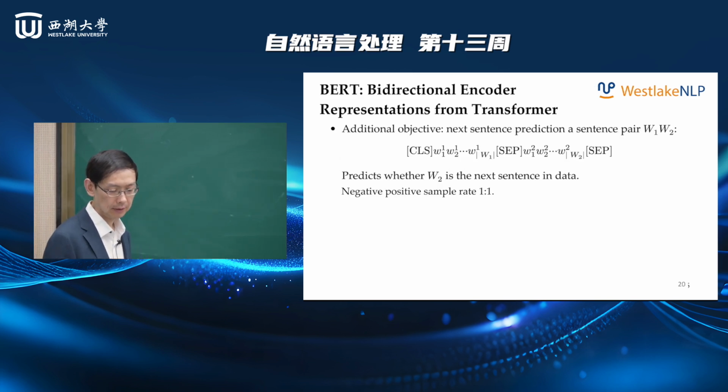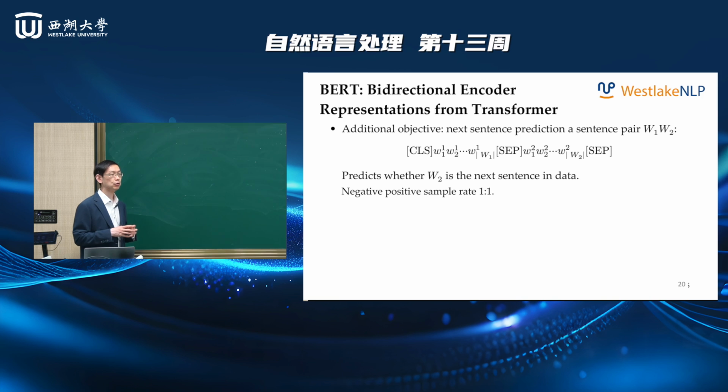BERT has another task called next sentence prediction. So basically, when you train BERT, you train it with 2 sentences, a pair of sentences, rather than 1, okay? And you use a special token called SEP. You extend the vocabulary with a special token to separate the two sentences.